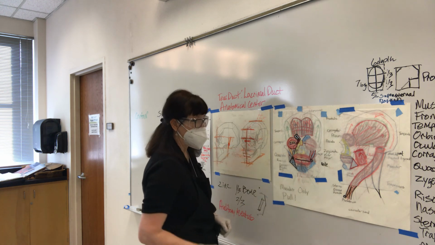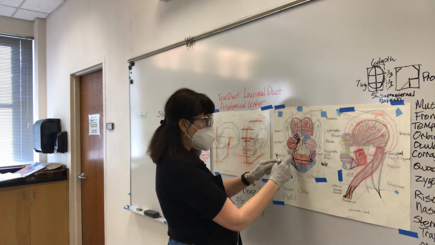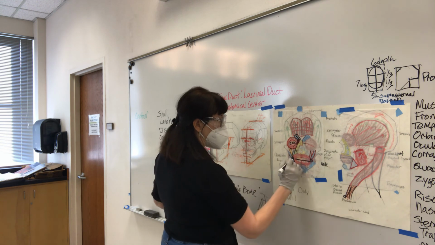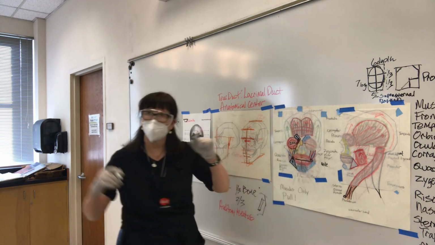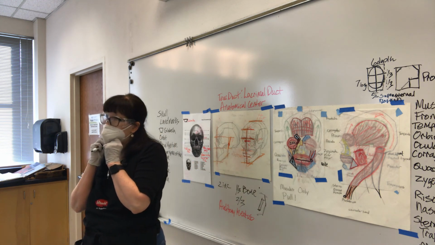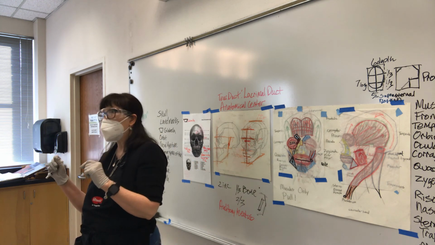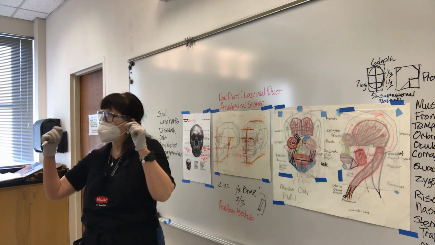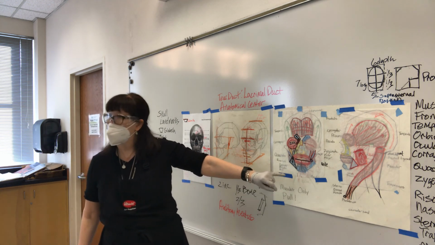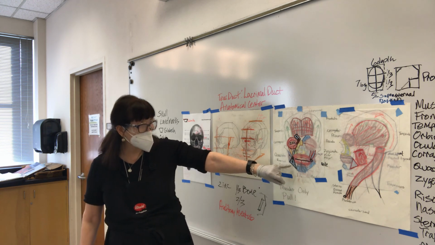Okay, that's the quadrates. And what these muscles do is they're depressors. So they're responsible for expressions where you frown. Okay, it takes 37 muscles to smile. It takes less to frown. So this is the quadrates.